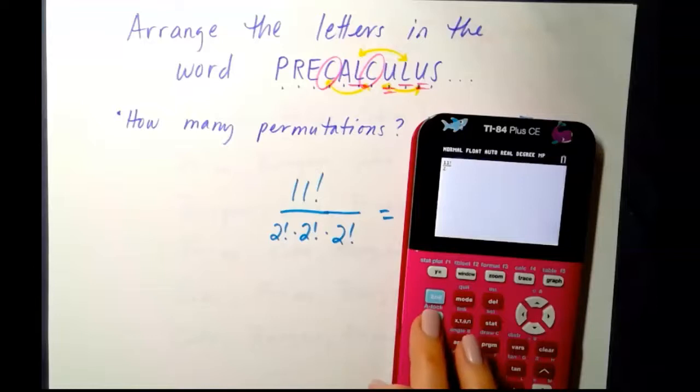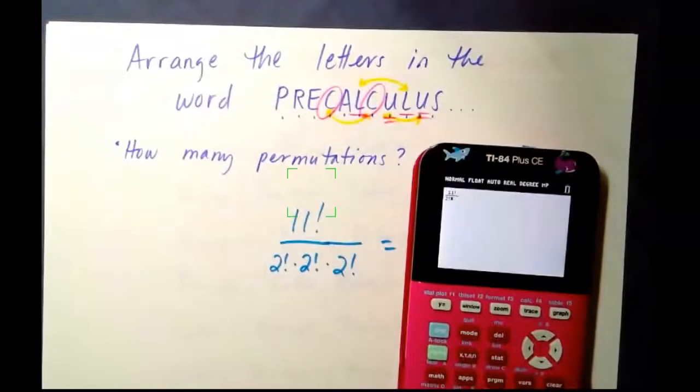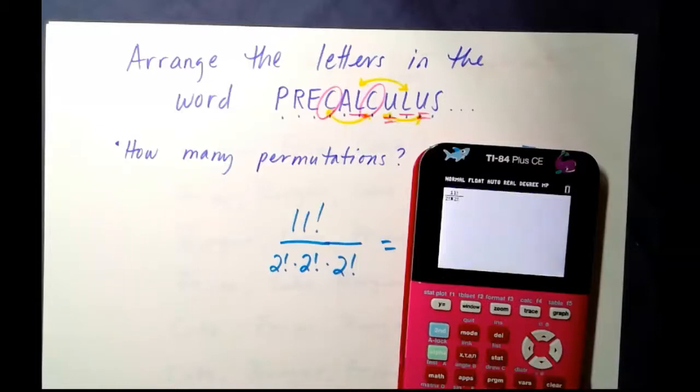So 2 alpha F2, 9. Okay, 2 alpha F2, 9. Obviously, since this is 2 factorial, which is equal to 2, I'm just going to say 2 for this last one. But the fraction is helping us follow order of operations here.